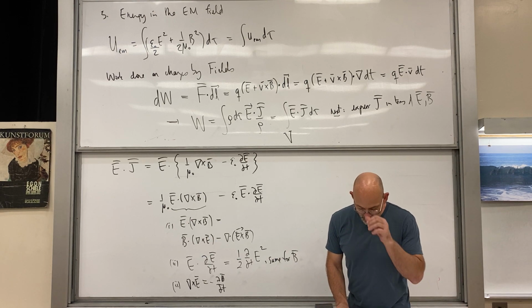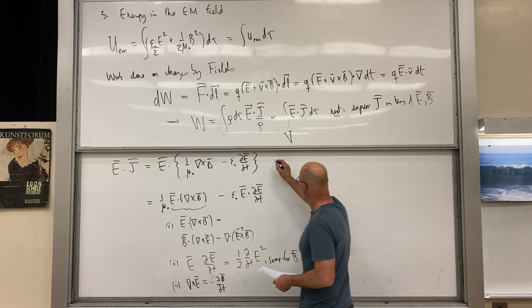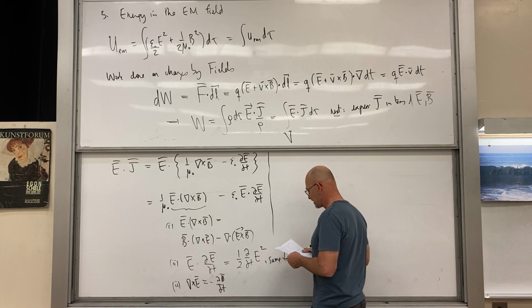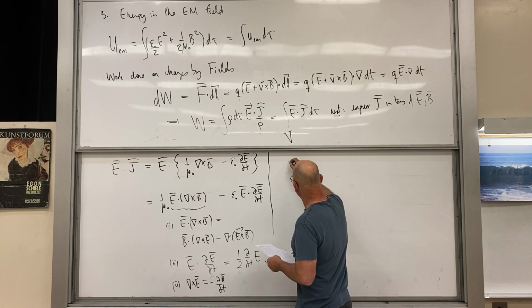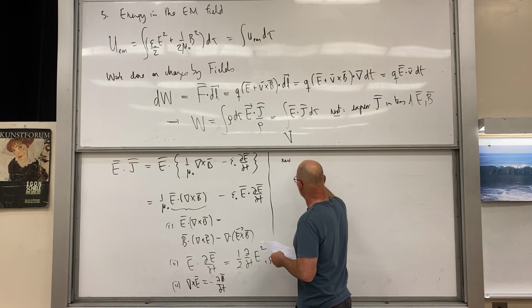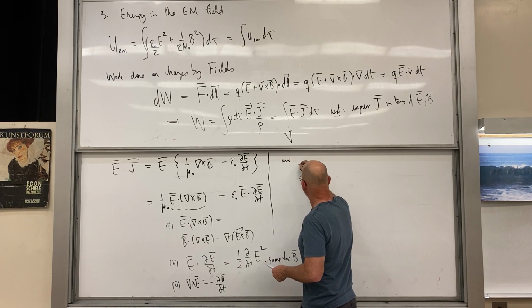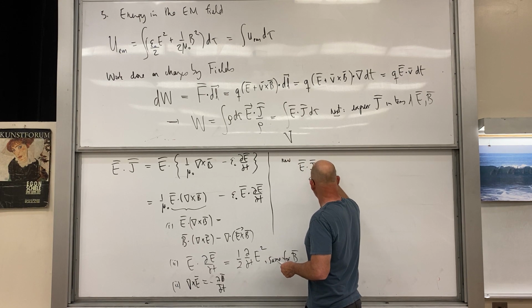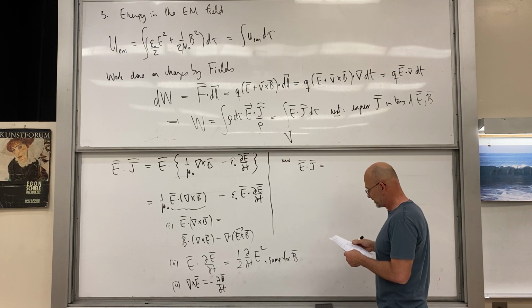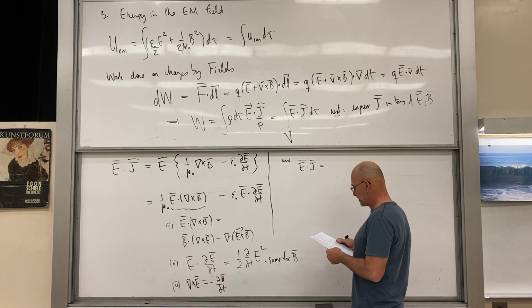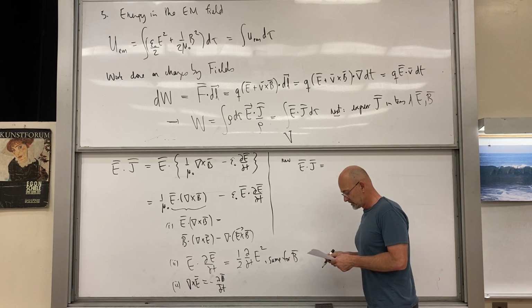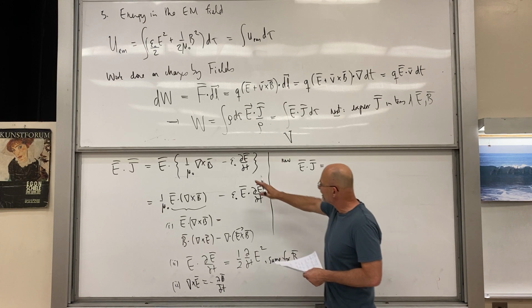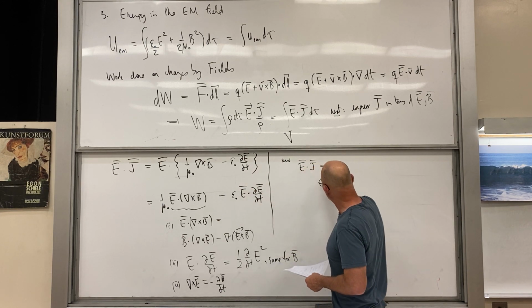So we put all those ingredients together, and let's see what we get for E dot J. Let's skip a couple lines because actually they're all right here. You make those substitutions.